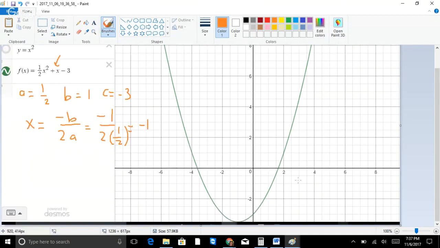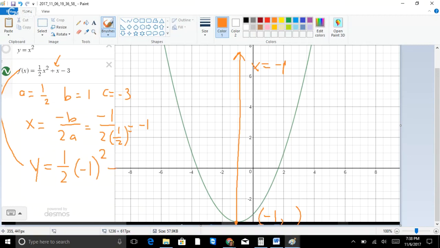So I see that my axis of symmetry is at x equals negative 1, okay? And that my vertex is at negative 1, and I don't know my y component, but I can figure it out pretty easily, because I have an equation. So if I take my equation, my y term is at 1/2 x squared, so my x is negative 1 squared plus negative 1 plus negative 3.